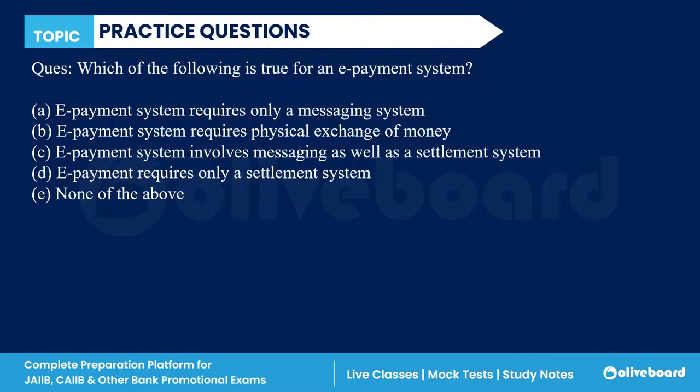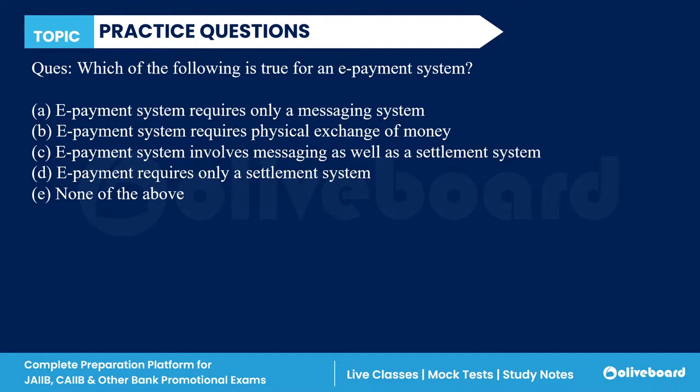Now, which of the following is true for e-payment services? E-payment systems require only a messaging system. E-payment requires physical exchange of money. E-payment systems involve messaging as well as settlement. E-payment requires only settlement, or none of the above. Very easy question.